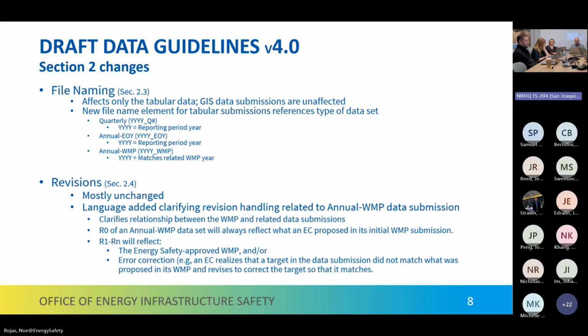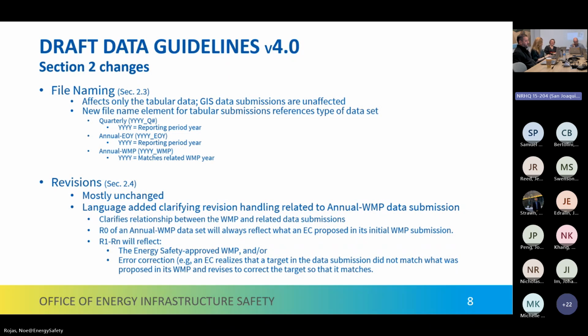So the language in this section that's new clarifies the relationship between the WMP document and the related data submissions. Revision 0 of this data set will always reflect what an EC has proposed in its initial WMP submission.